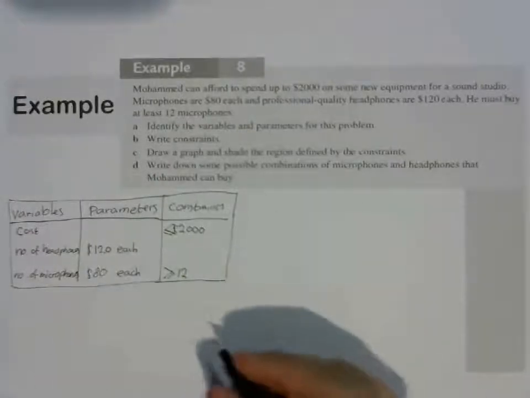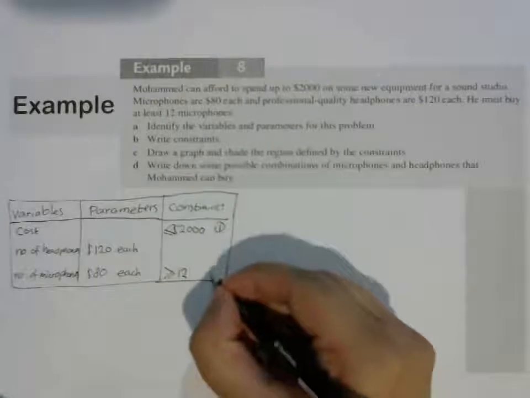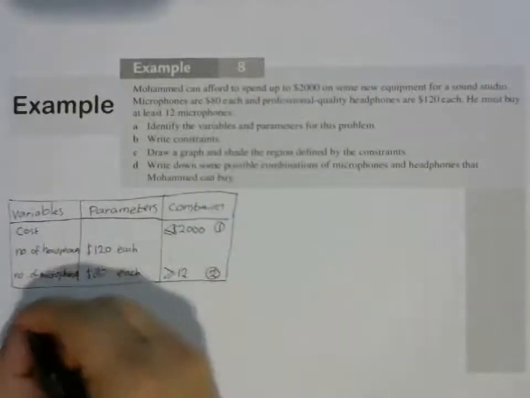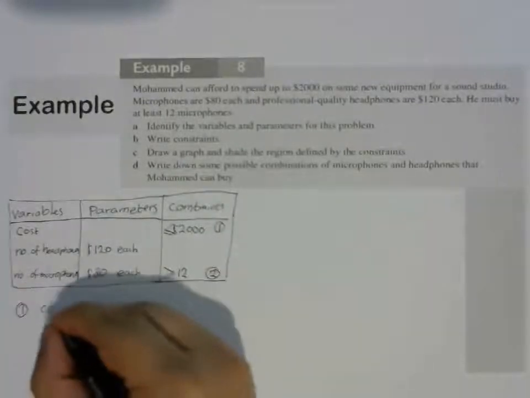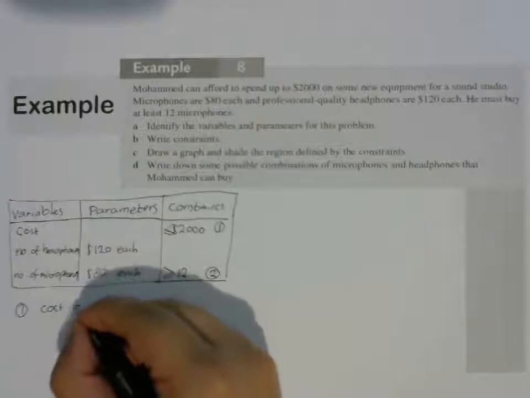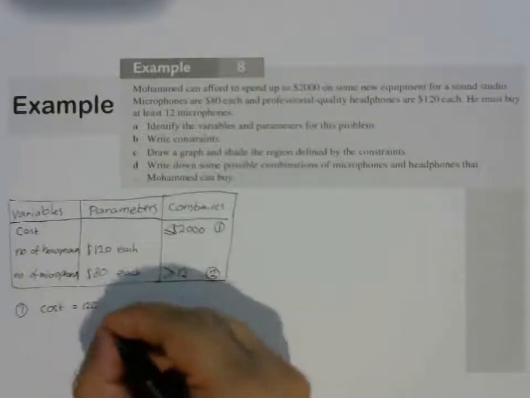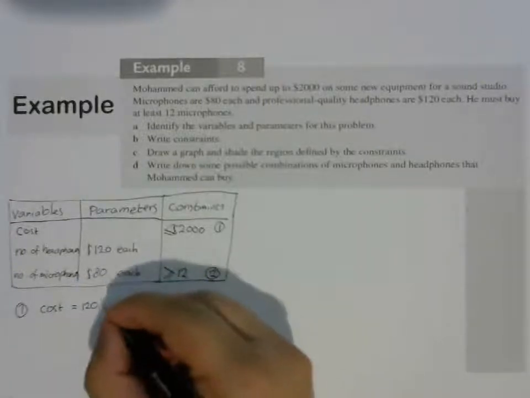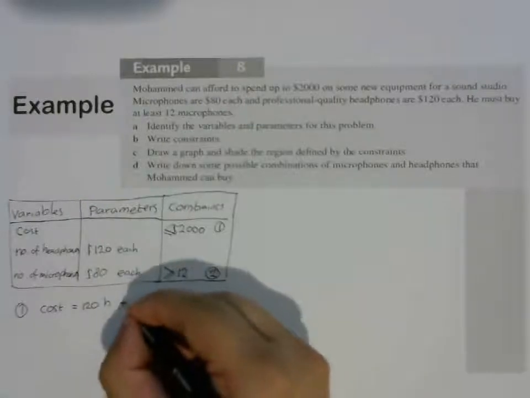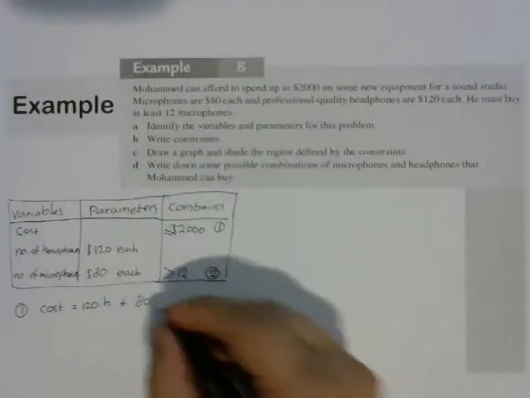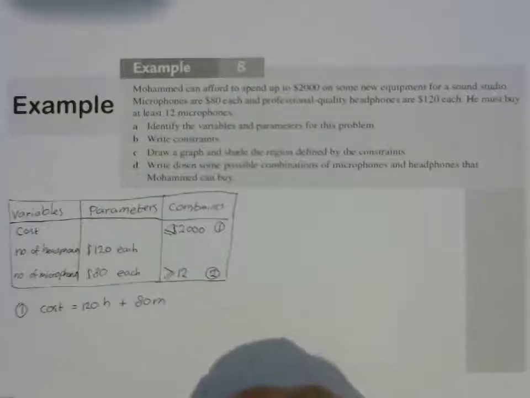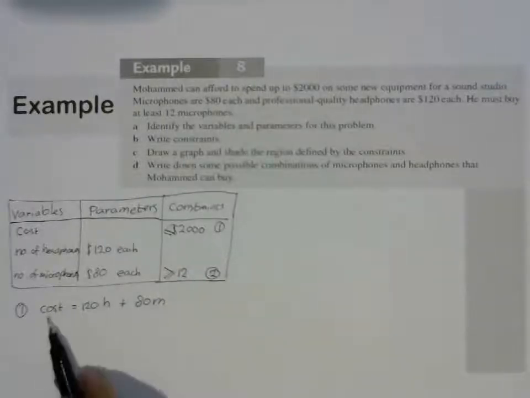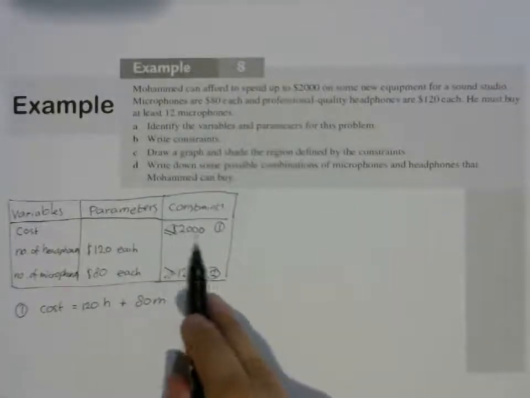So writing out the constraints fully, we'll make this 1, we'll make this one 2. For 1, the cost is going to be $120 times the number of headphones, let's call it H, plus 80 times the number of microphones, let's call it M. And the cost needs to be less than or equal to $2,000.